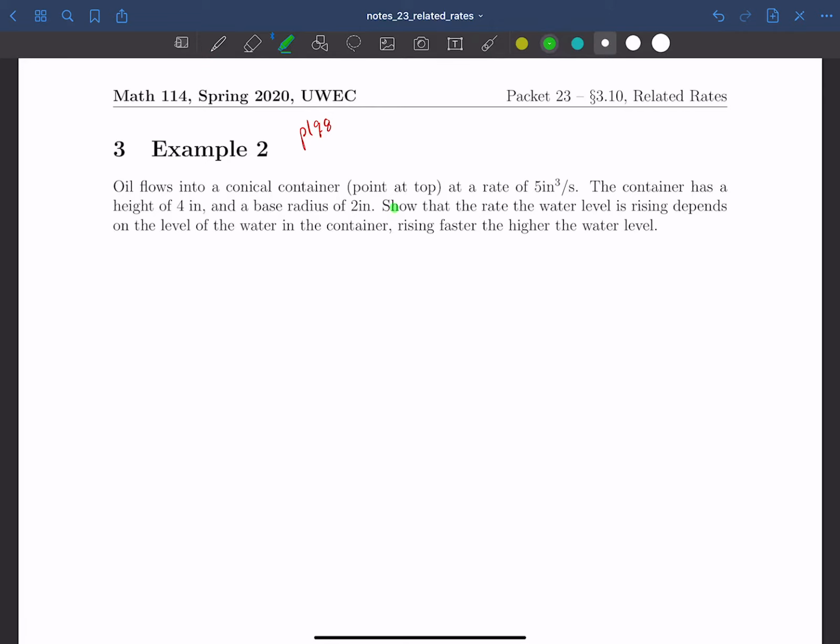I'll highlight my goal as this stuff. I'm going to show that the rate the water level is rising. Okay, so our goal is the rate the water level is rising. Well, we need a name for it, and I think we should call it dW dt for the water level.